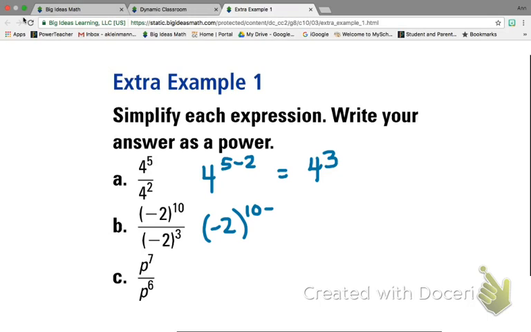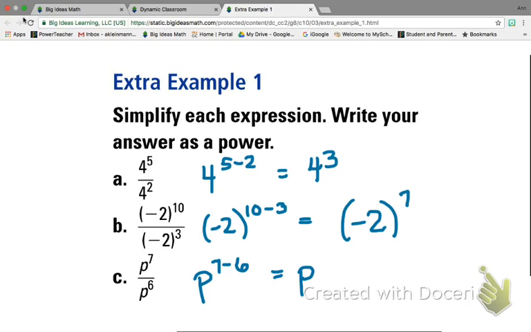The exponent would be 10 minus 3. So -2 to the 7th power. And finally C, the base is P, so P to the 7 minus 6, or P to the 1st power, which simply gets written as the variable P.